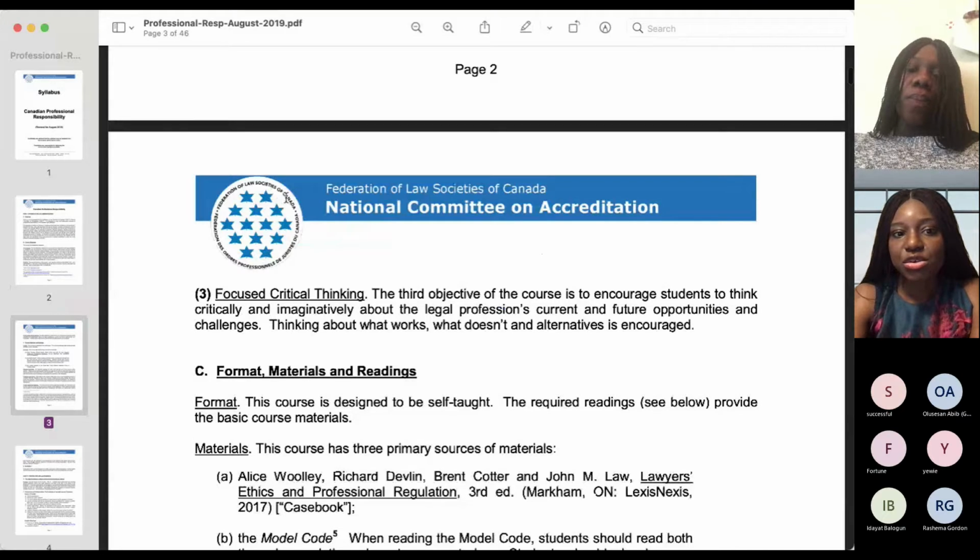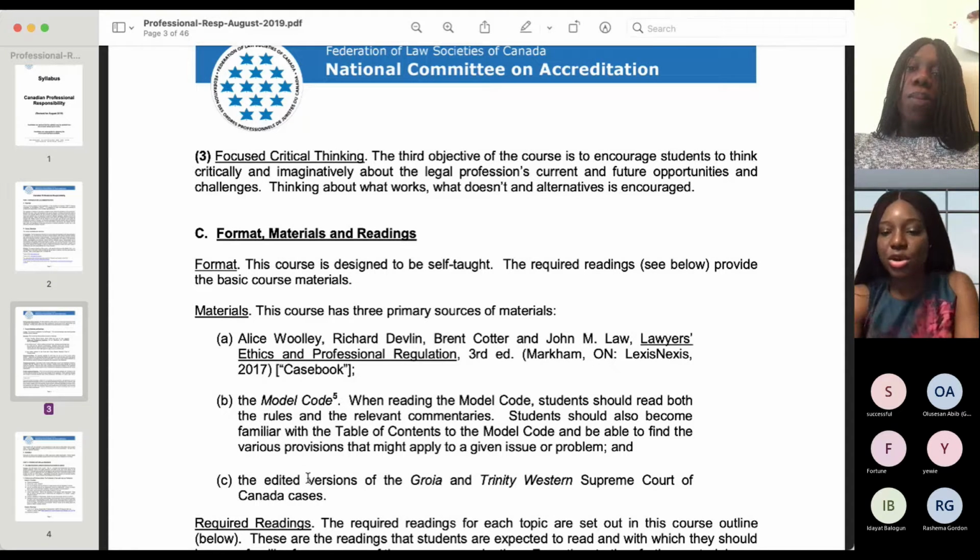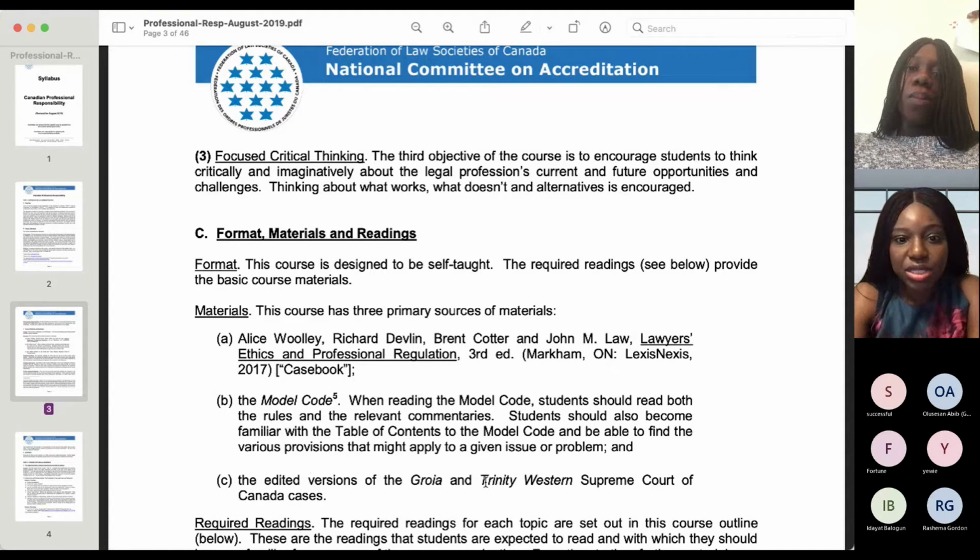I've already mentioned that you do need the textbooks. You do need the model code, like it is written here, and you also need the edited cases. So the Trinity Western and the Goya cases were added to the syllabus, I think 2 years ago, and they've added the edited version. When you're studying with the NCA, a lot of these cases reoccur.